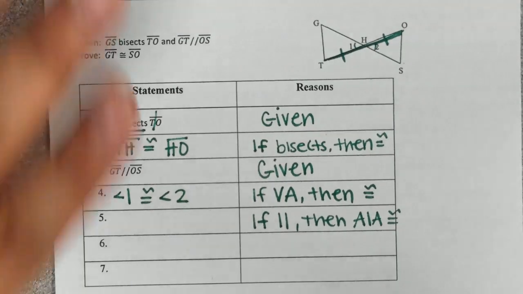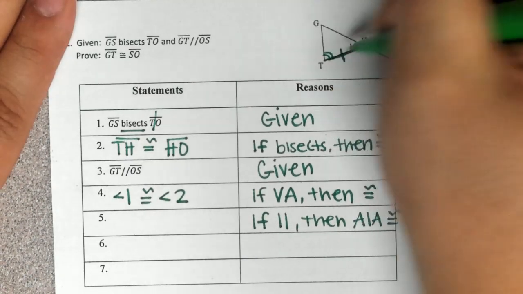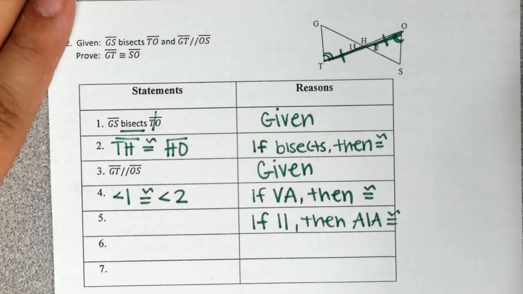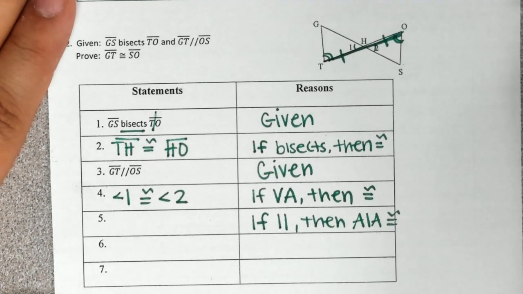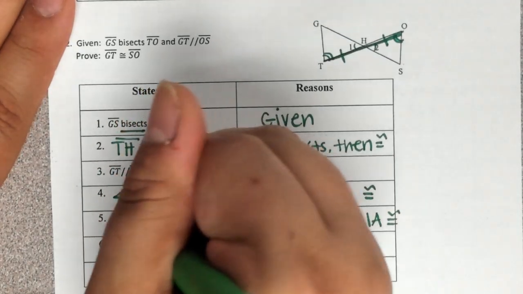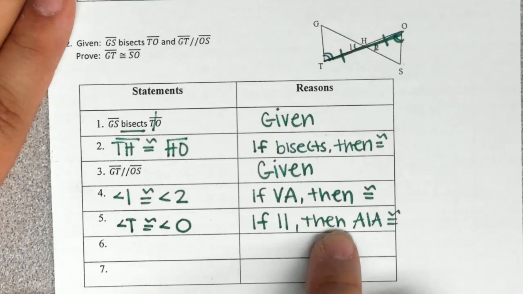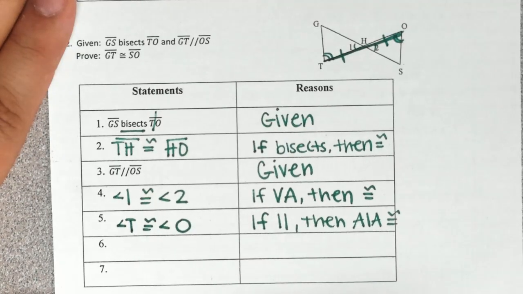And which ones, it's up to you, which ones do y'all want to say are congruent here? Which ones are AIA? You choose. T and O is perfect. Did you have to choose T and O? No, you could have chosen G and S. I'm going to choose T and O. So angle T is congruent to angle O, because if parallel, then AIA are congruent.